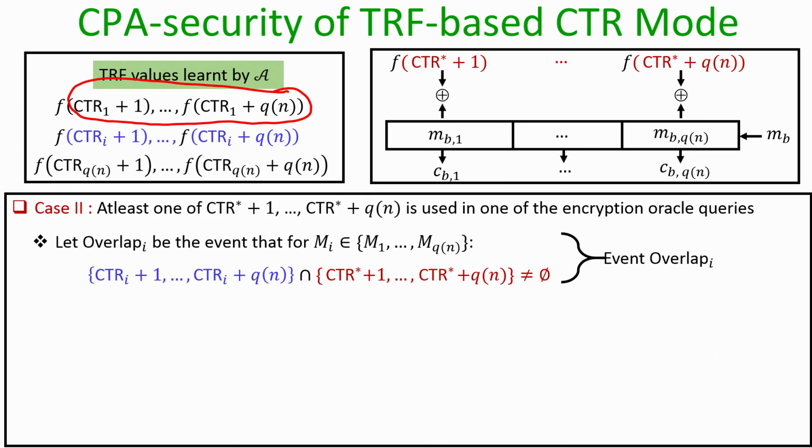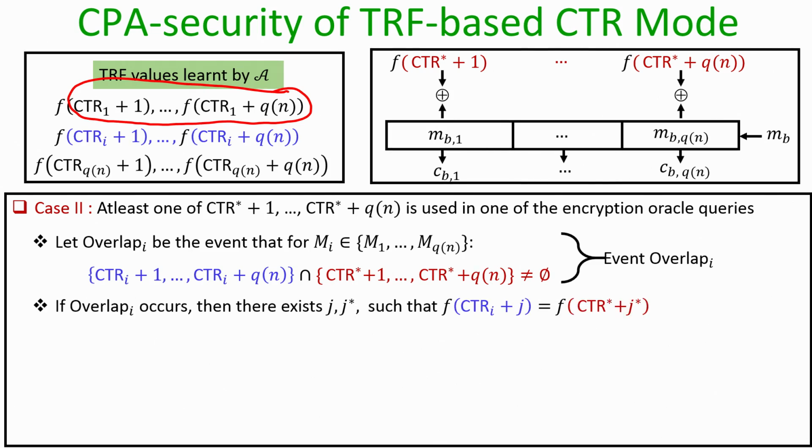So, let us understand the consequence of each of these cases. Before going into the consequence, it should be clear that if the event overlap I occurs, that means there exist some indices j and j star such that the counter value which is used to encrypt the jth block in the message MI and the j star block in the message MB are the same.